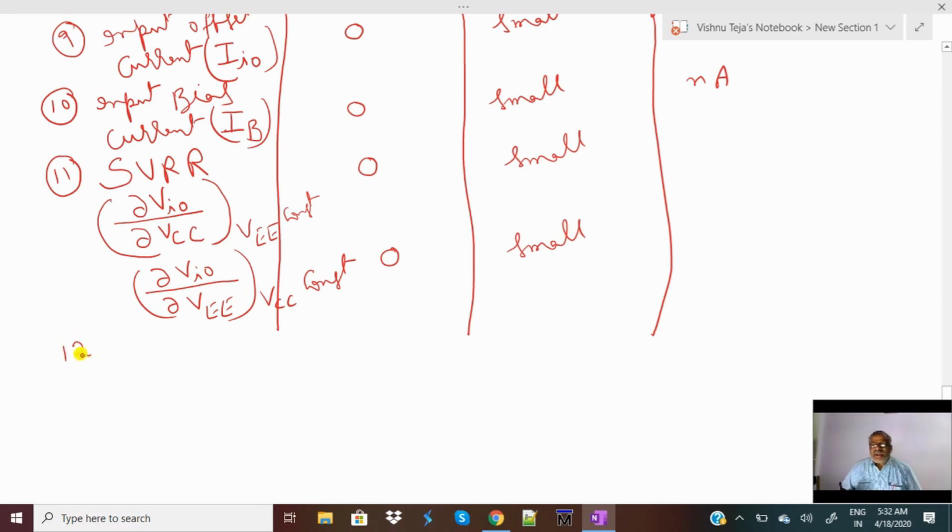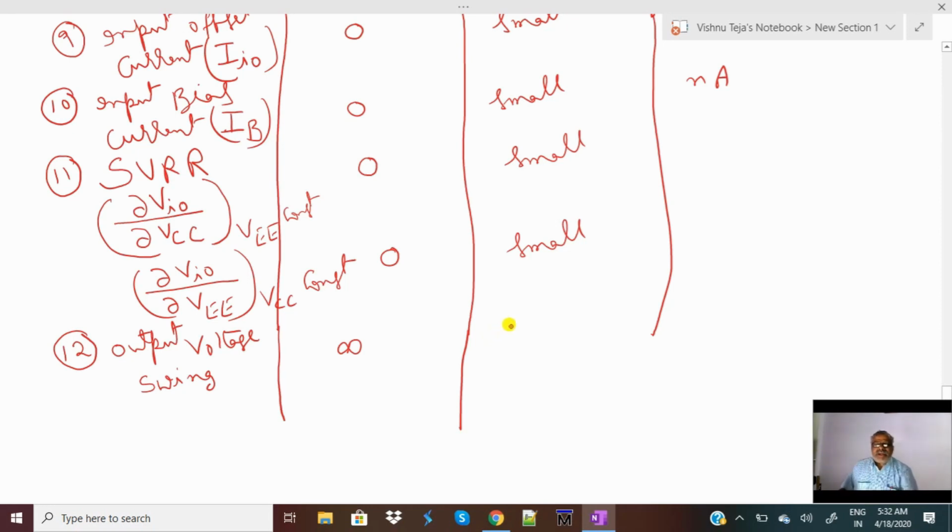And the last parameter in which we are interested is output voltage swing. Output voltage swing means the maximum peak to peak value of the output that can be obtained by using the operational amplifier. Ideally, its value should be infinite. Practically, its value should be as large as possible.